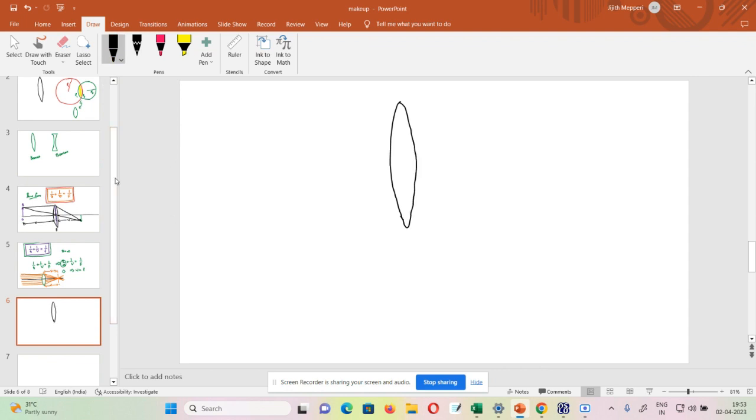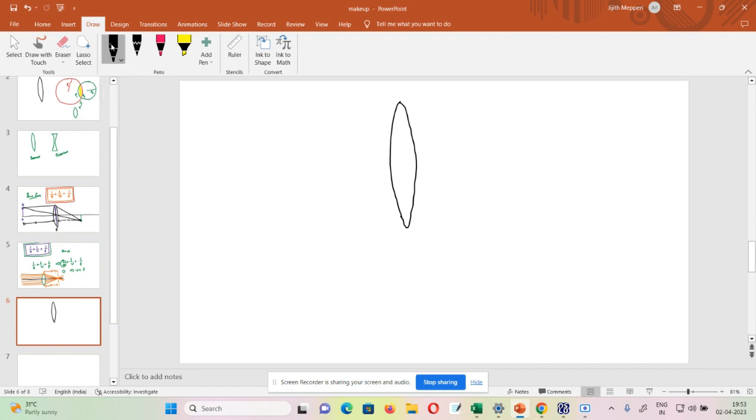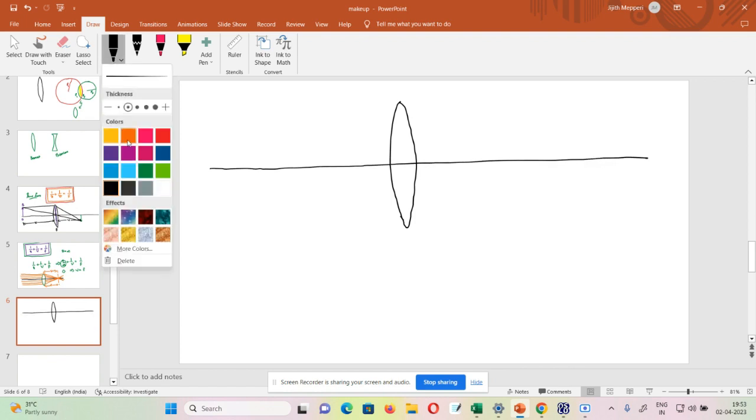this is my lens. This is my optic axis. Let's say that all the beams are coming parallel, but at an angle.